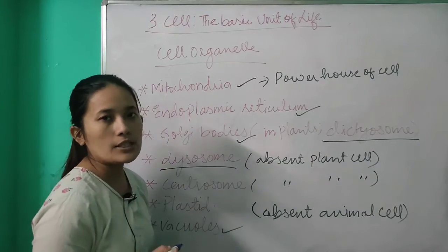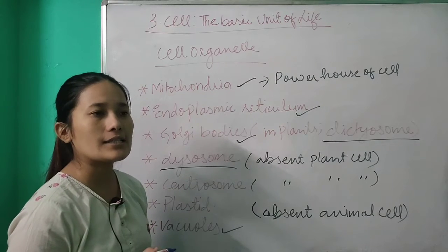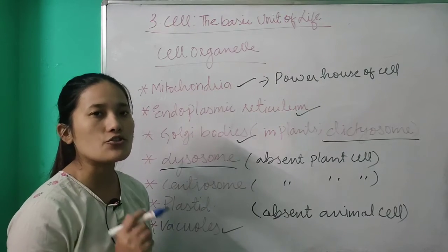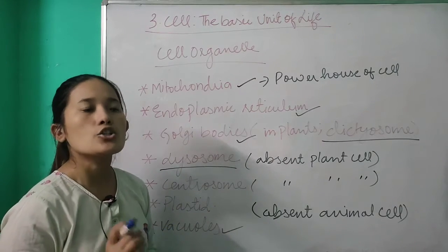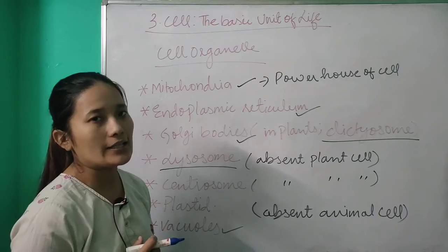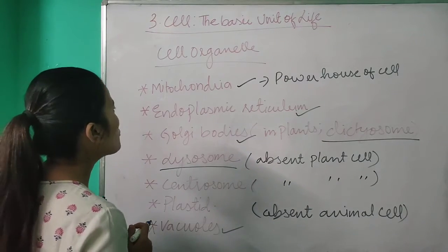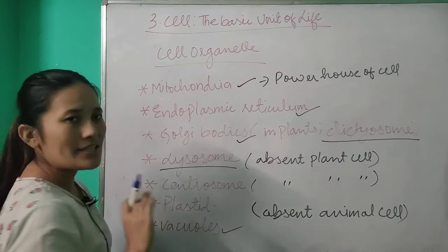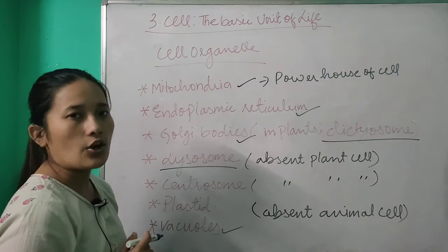Vacuoles are present both in plant cell and animal cell, but in case of plant cell they are large in size and centrally located, whereas in animal cell, if present, they are smaller in size. So we will be discussing in detail the basic structure and the function of each one of these cell organelles.